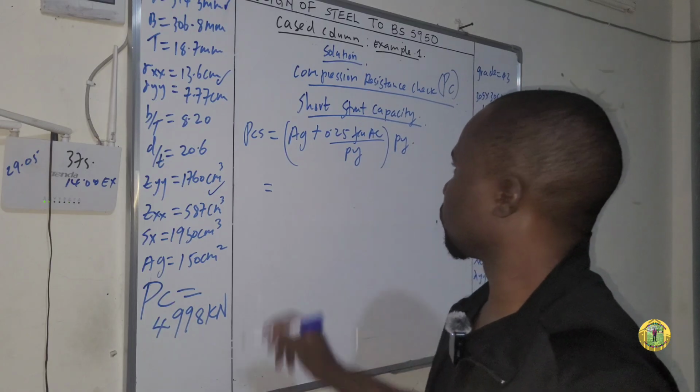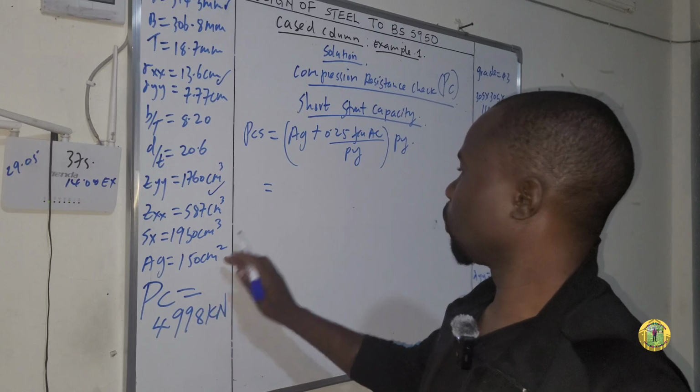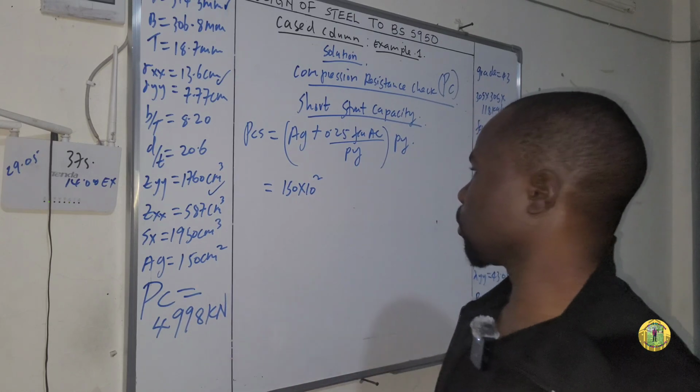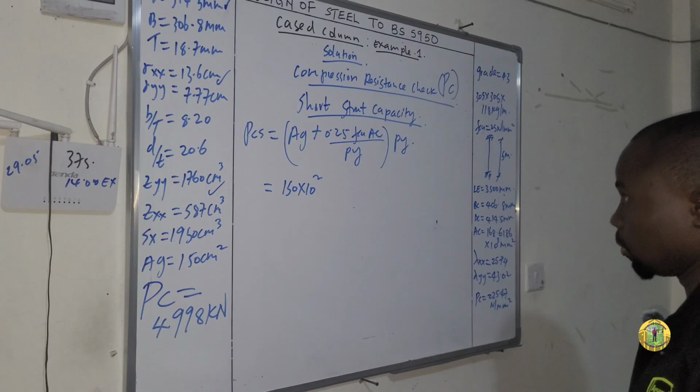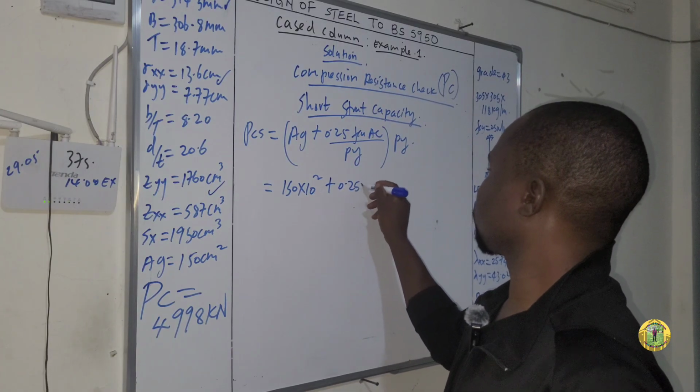So this one is equal to, our cross-section area is here, 150, multiplied by 10 square. We are changing from centimeter square to millimeter square, plus 0.25 FCU.